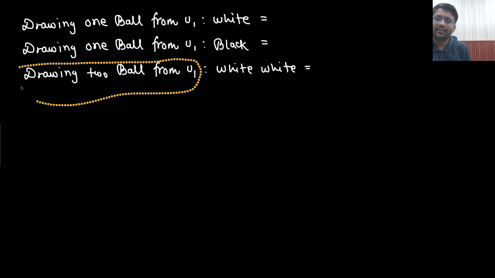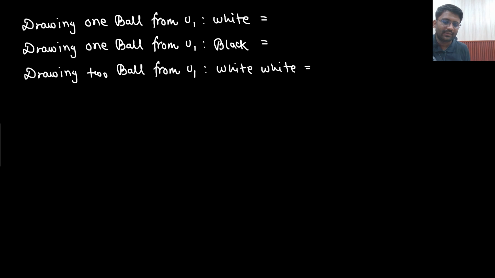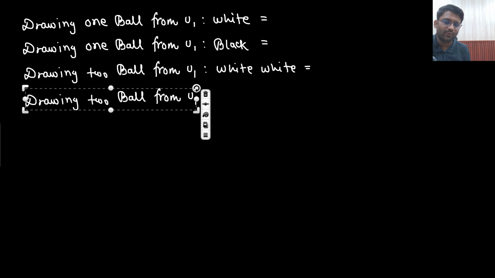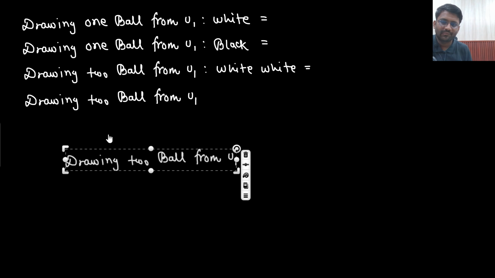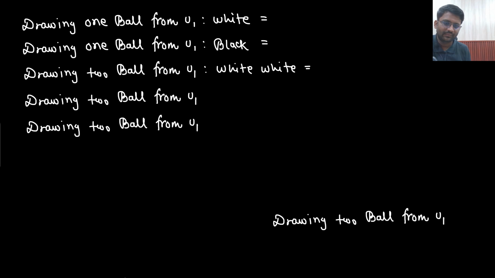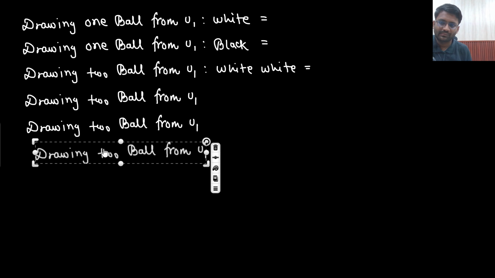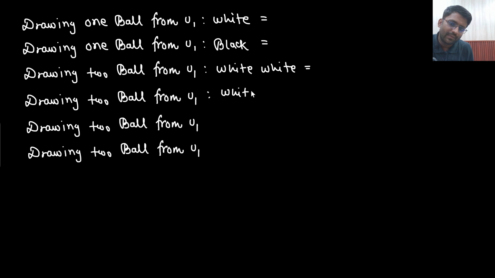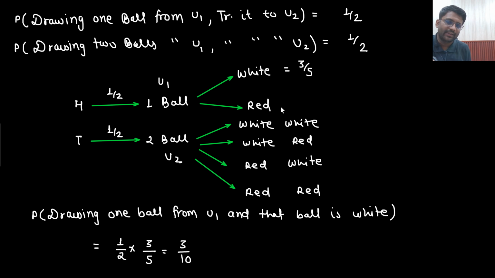This would be the next case. And here there would be a total of 4 kinds of cases. So these will be those 4 kinds of cases: white, white, white, black. So these cases I have written here, right?